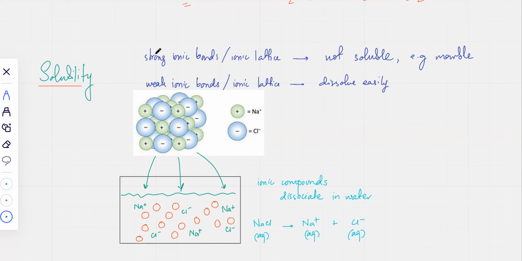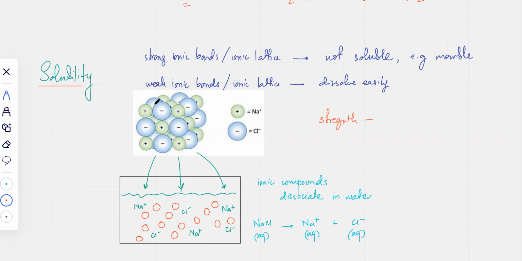And how do you figure out which one has a strong lattice and which one has a weak lattice? We did do this, the strength of lattices. What determines the strength of these lattices? The force of attraction.